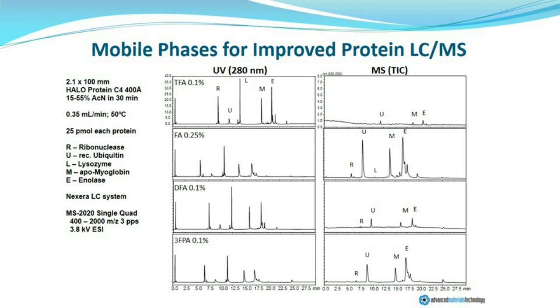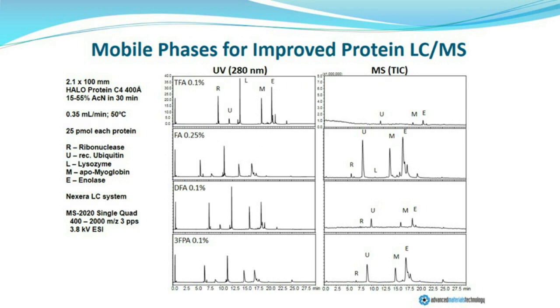So in the third panel down, we can see difluoroacetic acid exhibits a similar performance in terms of peak shape and resolution to trifluoroacetic acid, whereas 3-fluoropropionic acid, again at 0.1% in the mobile phases, is similar to what we see with a formic acid mobile phase and inferior to what we get with either trifluoroacetic or difluoroacetic acid.